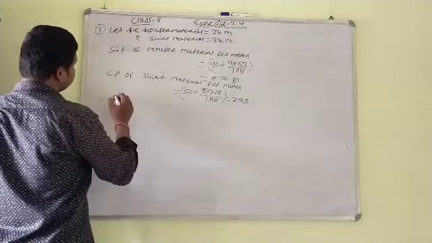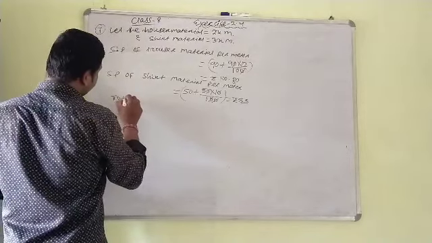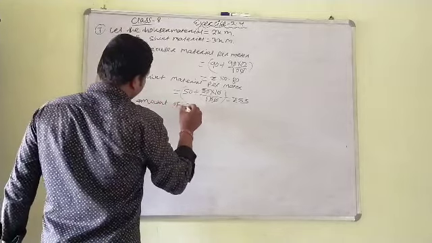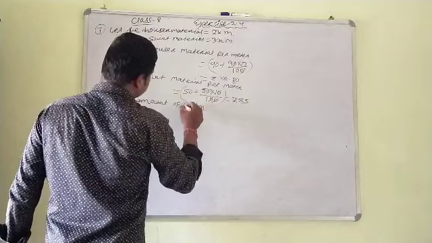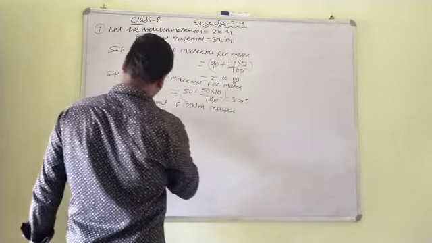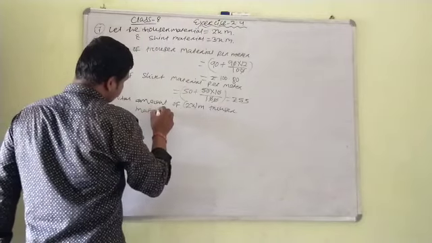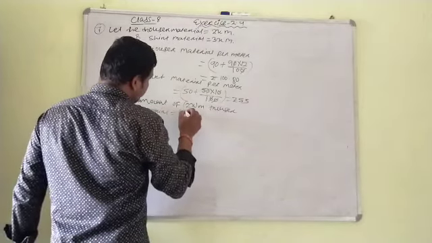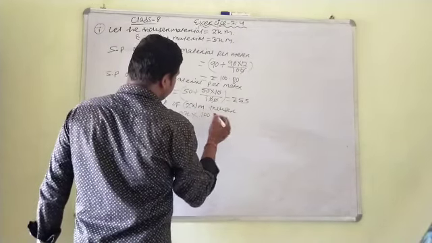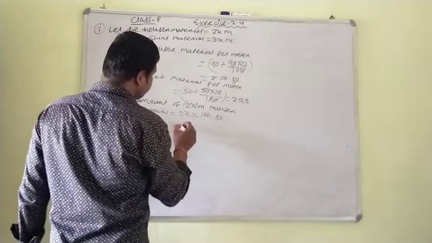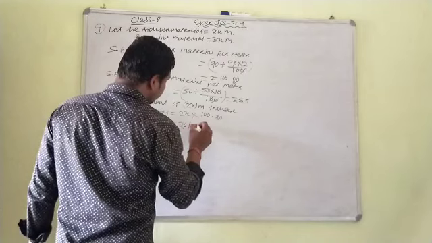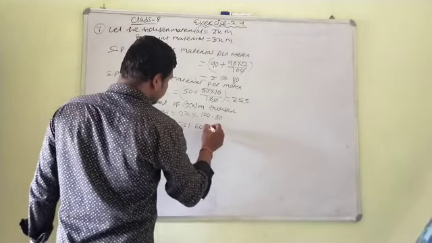So we will write down total amount of 2x meter trouser material, that is equal to 2x into 100.80, that is equal to 201.60x.